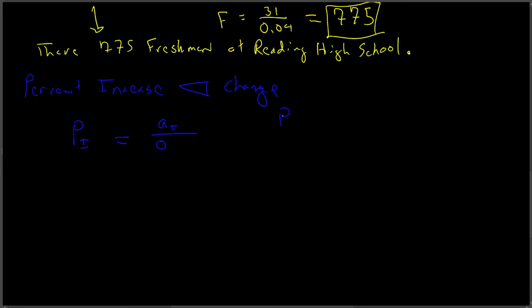P sub I is the percent increase, A sub I is the amount of the increase, and O is the original amount.